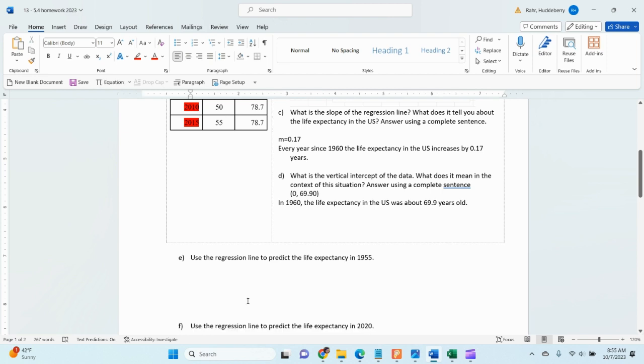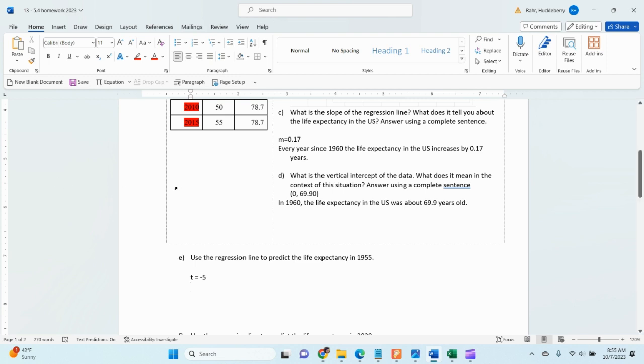Okay, so then use the regression line to predict the life expectancy in 1955. So from 1960, that means that t or x or whatever our variable is equals -5 because it's 5 years before 1960.